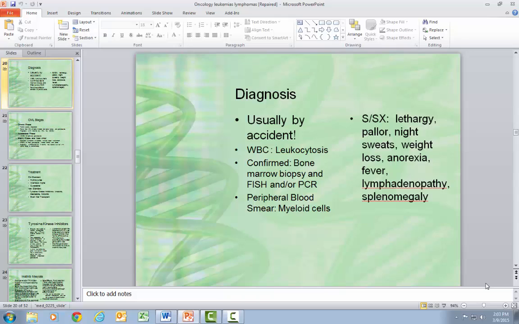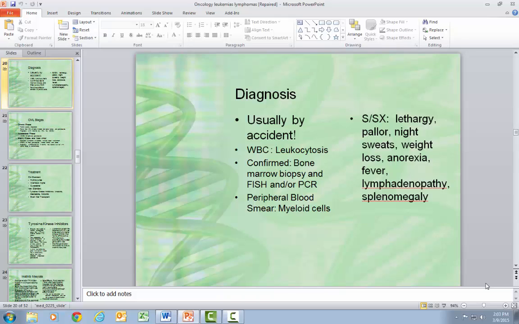Patients that would have leukocytosis or leukopenia. Most of the time they come in with leukocytosis super elevated, out of the ordinary, on a patient that is completely asymptomatic. So this is a walk-and-talk patient with a leukocytosis of 30,000 or 40,000 or more without any other symptom.